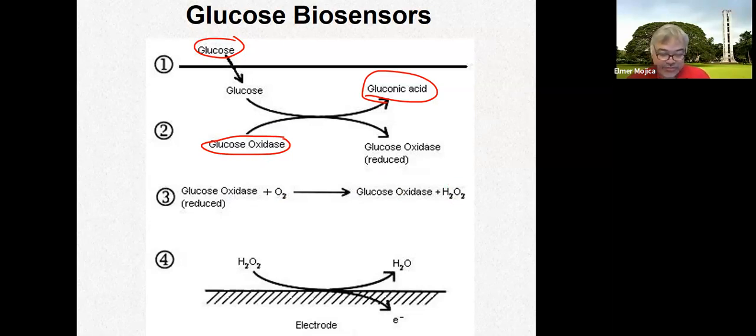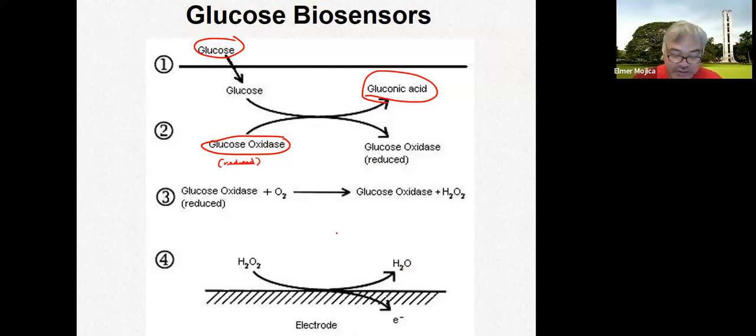Now, if you have less glucose, what happened? Because you could see here, you have two types of glucose oxidase, the oxidized form and the reduced form. So more glucose, more oxygen is consumed. Less glucose, more hydrogen peroxide is left. H2O2 produces H2O.